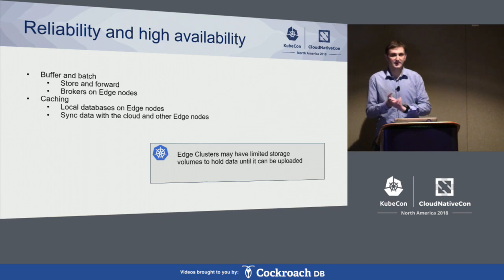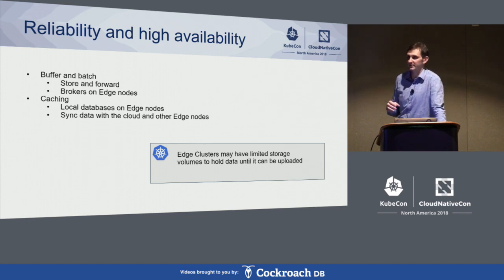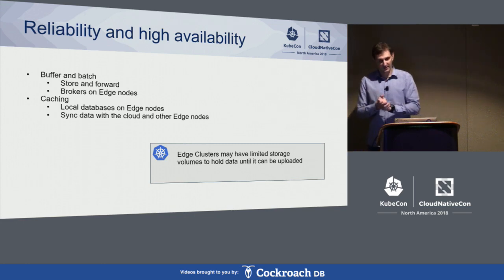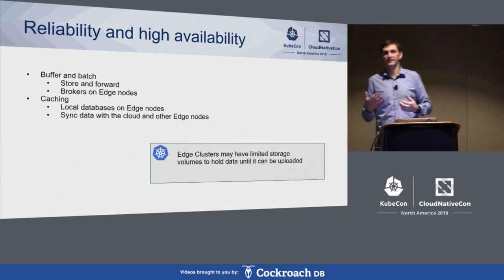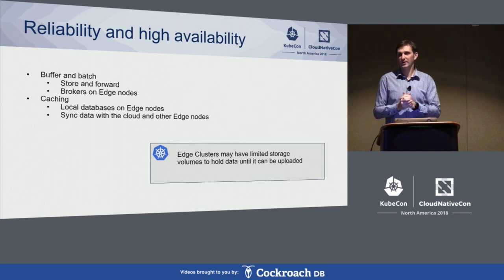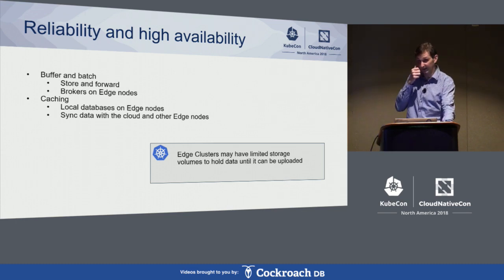The other thing is that in many environments, for example industrial IoT environments or remote ones like oil pipelines and things like that, bandwidth can usually be a big problem. And what people want to do in those kinds of use cases is to have reliability of their workloads and the possibility to run them even when the network is down or very limited.